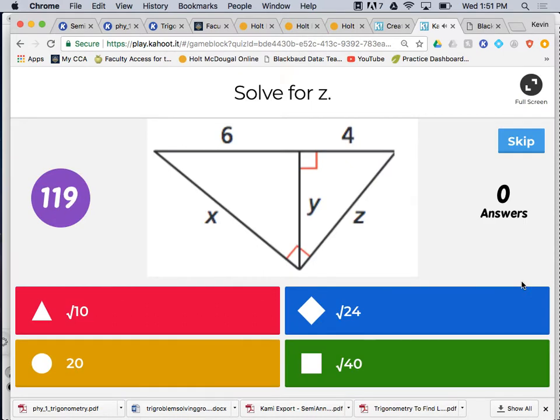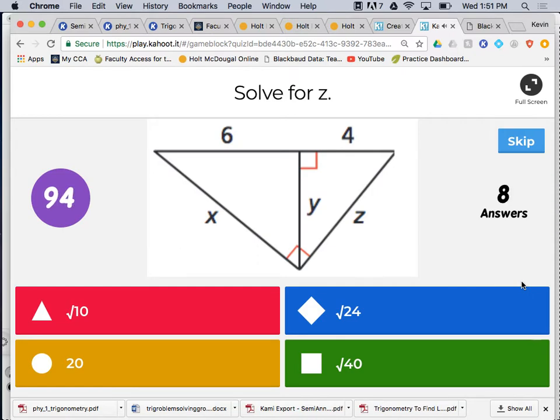Solve for z. Is it going to be 6 times this time? Wait, what are we solving for? Z. Solving for z. 4 times 10, right? What was the answer for y? Y was radical 24. Why was it radical? Because it's the square root of the product. The product is 24.